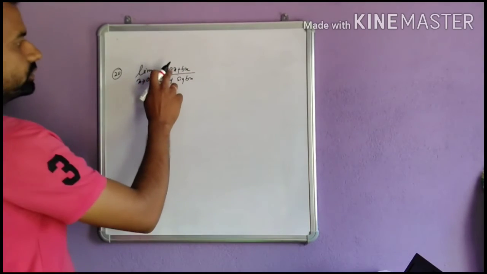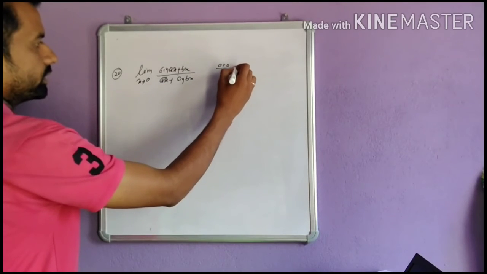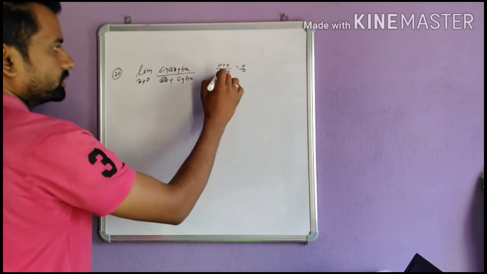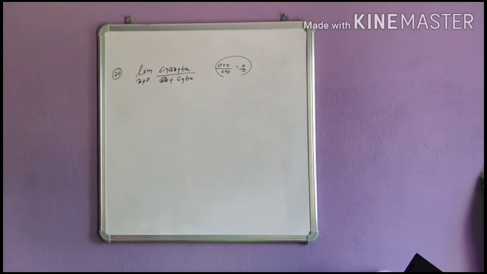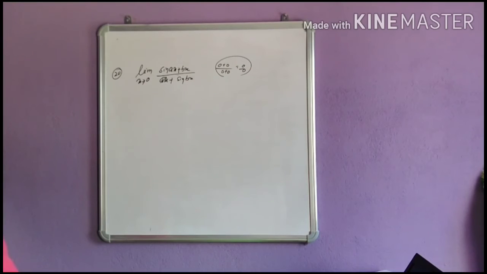If you put 0, that is 0 plus 0, also 0 plus 0, that is 0 by 0 form. So it needs converting. What should we do to convert this? We should write it like this.